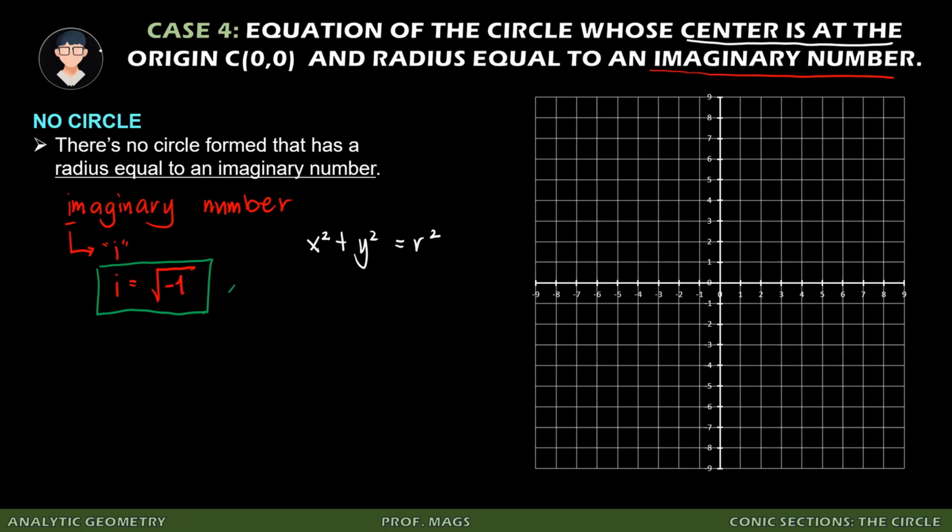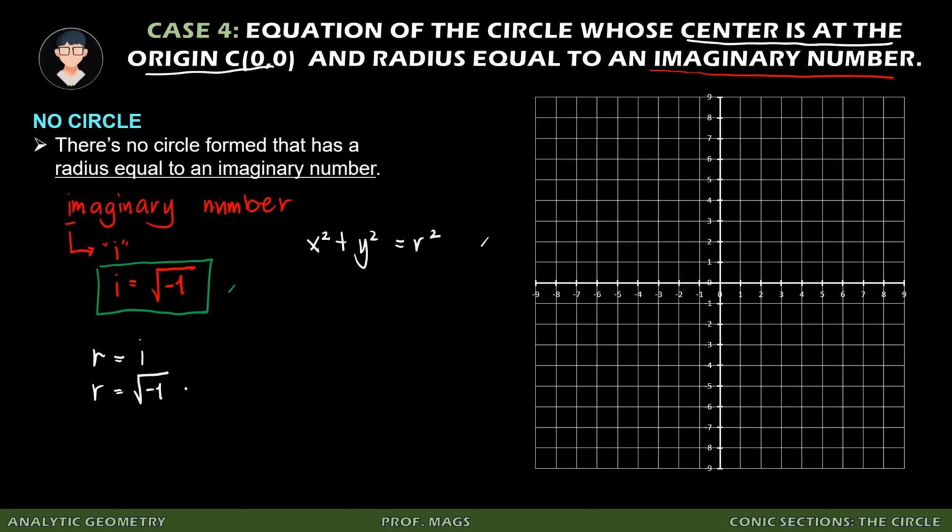Sa origin pa din, kaya yung ating gagamiting formula in order to equate the standard equation of the circle is this equation right here, x squared plus y squared is equal to r squared. Yung value ng r natin, that is equal to i, and ano yung value ng i natin? Square root of -1.